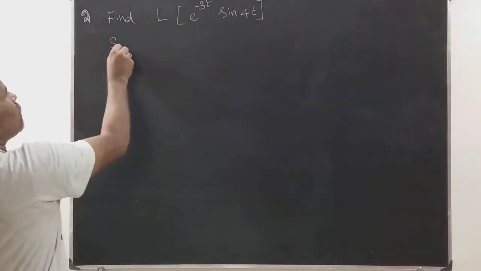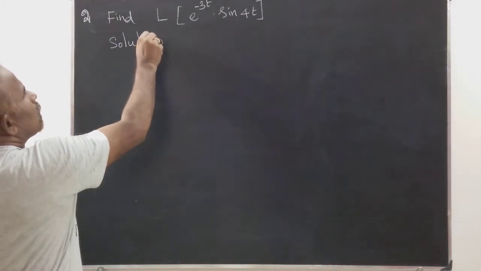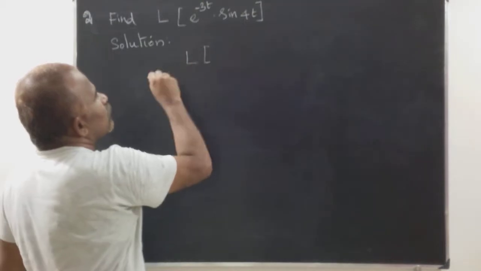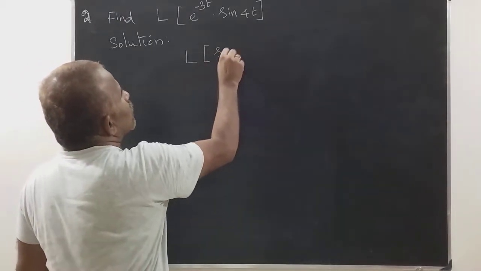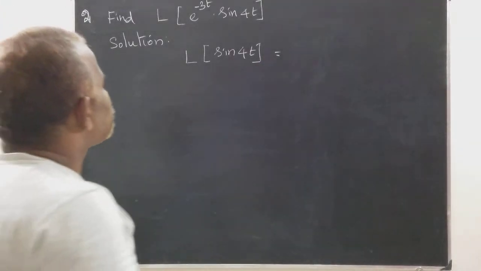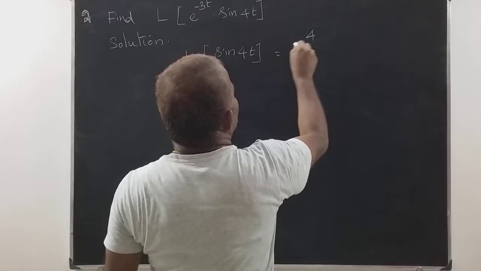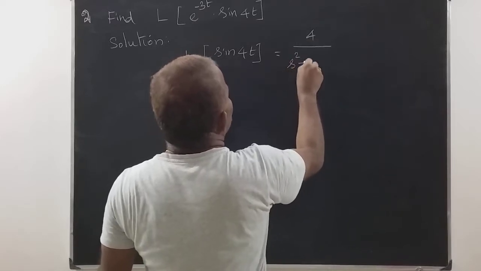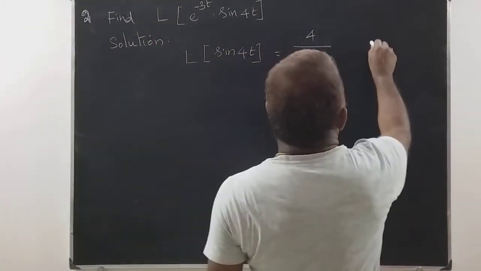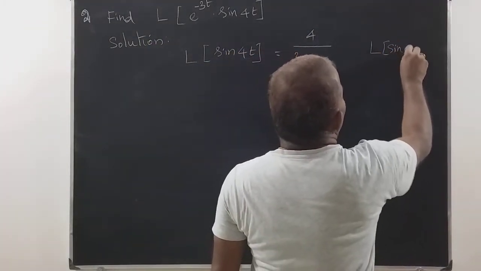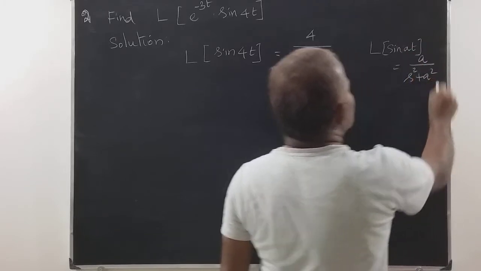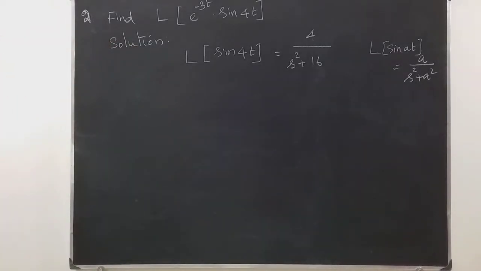So solution. First of all, you have to find out L of sine 4t. L of sine 4t is equal to 4 divided by s square plus 4 squared, because L of sin at is equal to a divided by s square plus a square.